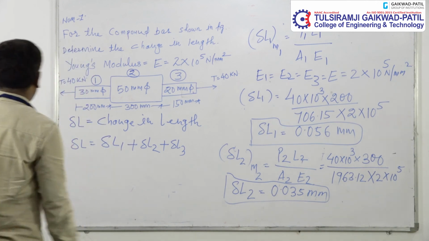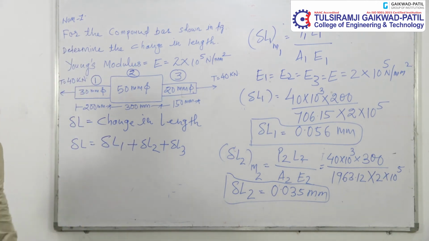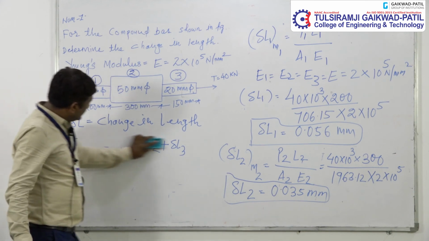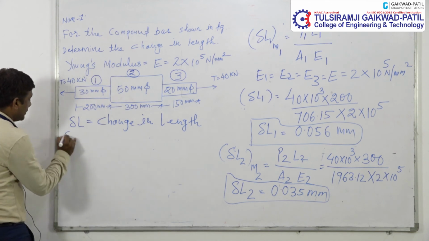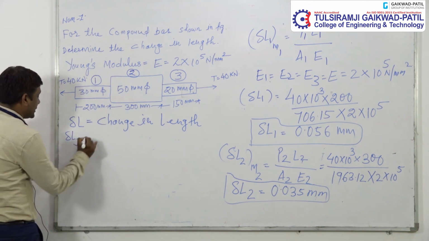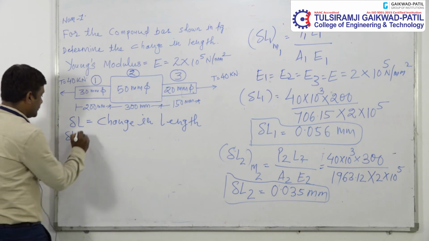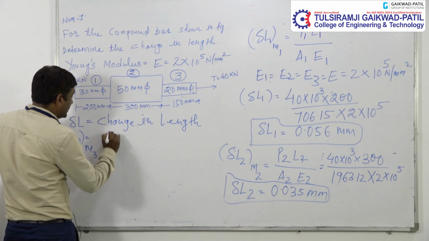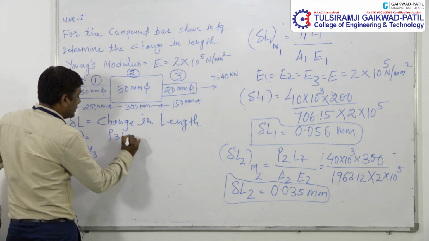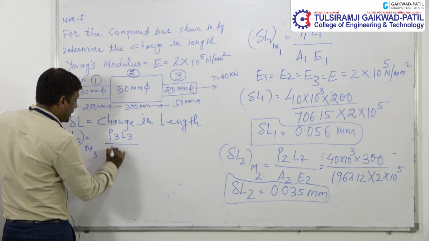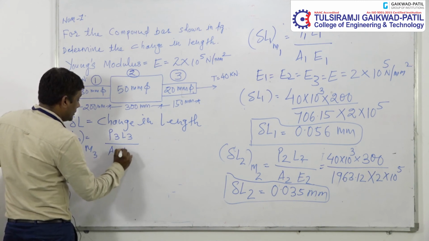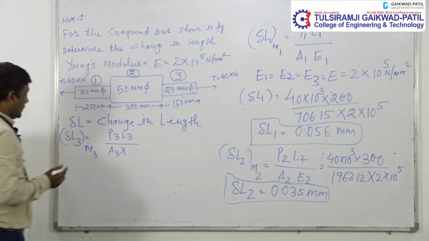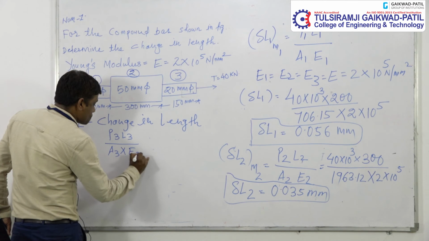Now the last calculation, to calculate the value of delta L3. So again delta L3 is for material number 3, and we are using the formula P3 multiplied by L3 divided by A3 into E3.